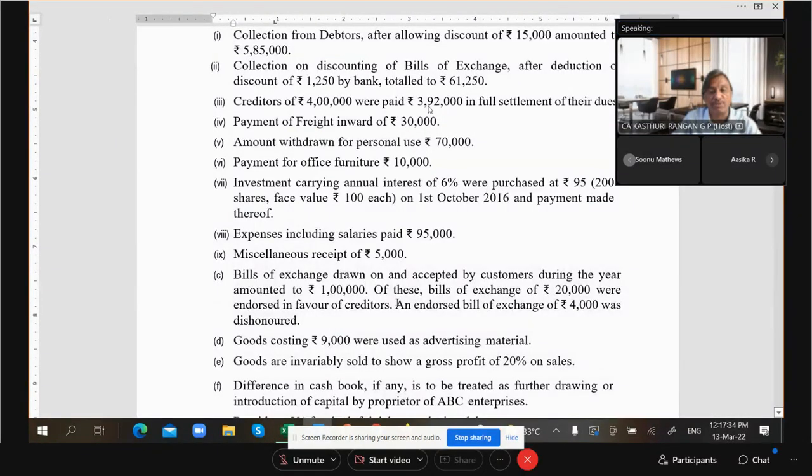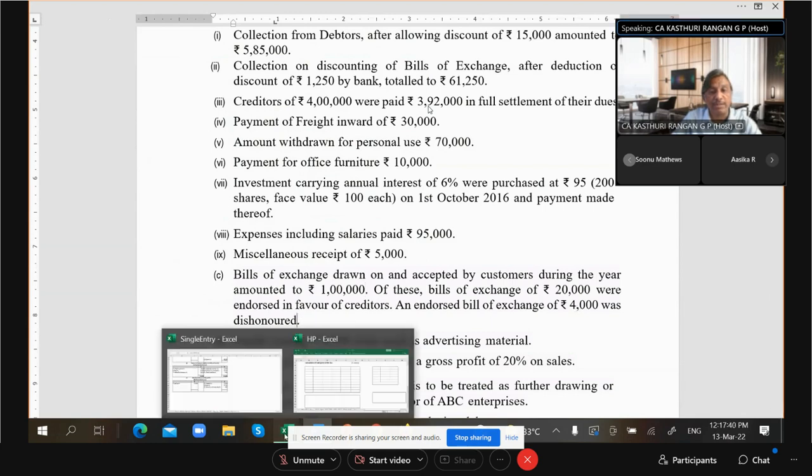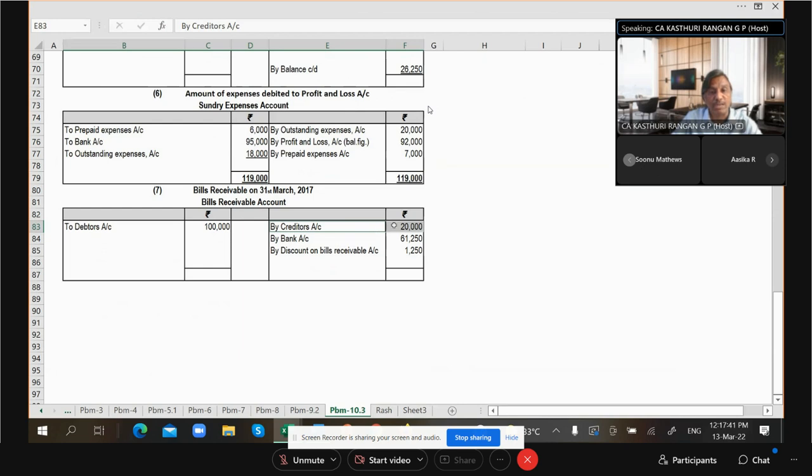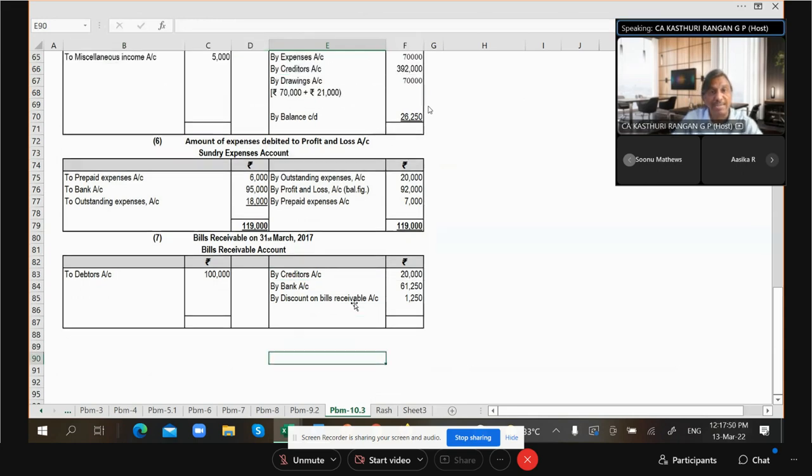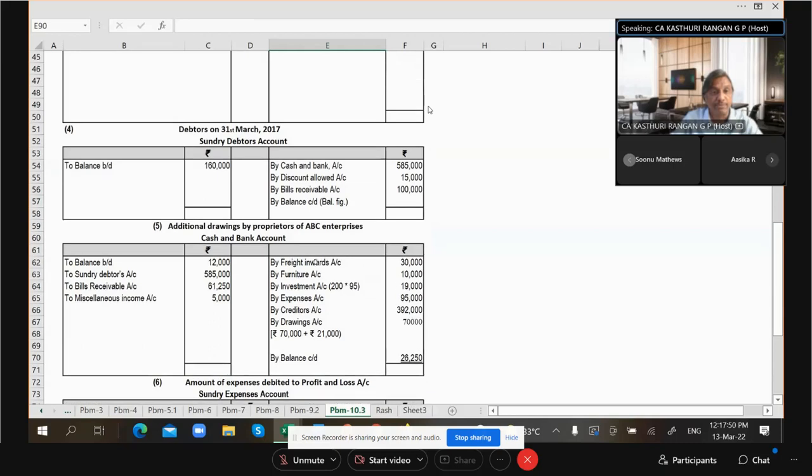Friends, please ask me any questions if you have. Endorsed bill 4,000 dishonored. Out of the 1 lakh bill received, you gave 20,000 to the creditor, but out of the 20,000, 4,000 got dishonored. When an endorsed bill is dishonored, what is the entry? We debit the debtor and credit the creditor. Why?